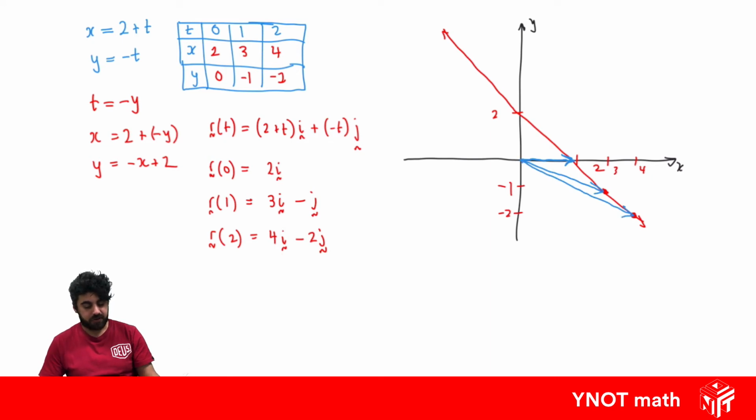So you can see just for those three values, we get three vectors where they all end up on the line. So we took two parametric equations and we created a vector with them, with the x component and the y component, and it successfully maps out this Cartesian equation of the line with a vector.